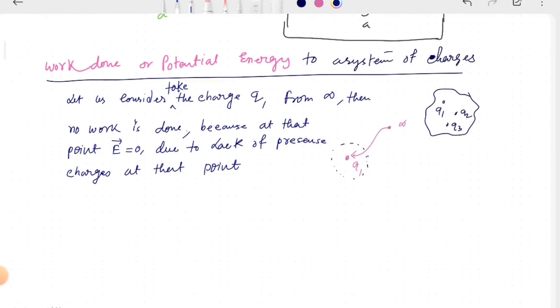Okay, this is the very simple case. So in the first case, W1 is equal to 0.